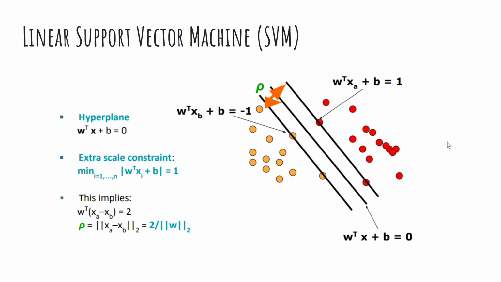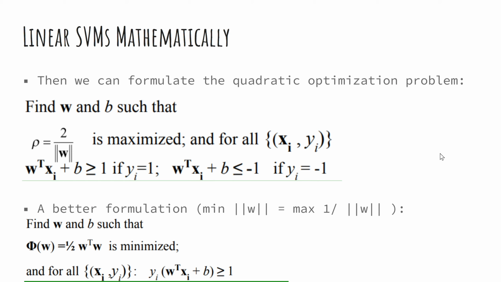Linear support vector machine, hyperplane, extra scale constraint. This implies... Linear SVM mathematically, then we can formulate the quadratic optimization problem.